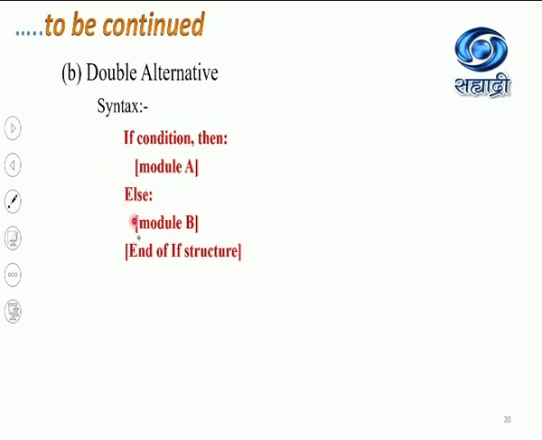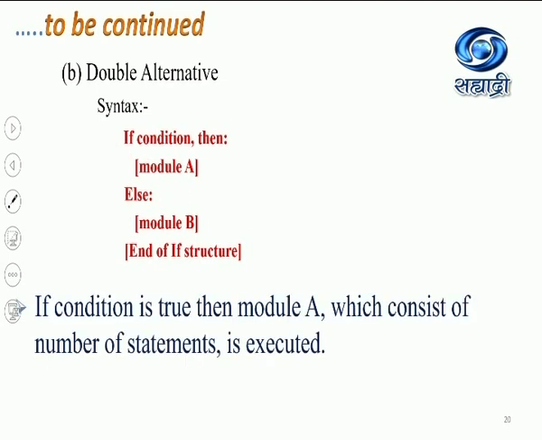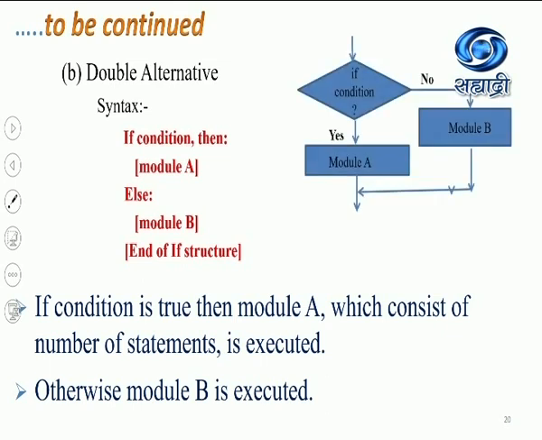Otherwise, it goes to module B because there is the else part. So according to the condition, it will decide whether module A or module B should be executed. You can see in the flow chart here, if this condition is true, then execute module A, otherwise go to module B. Then control will transfer to the next statement after that module.